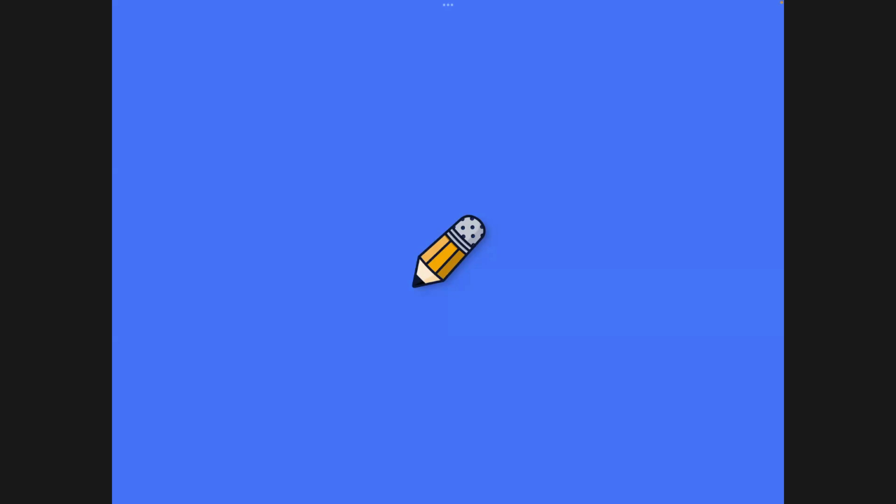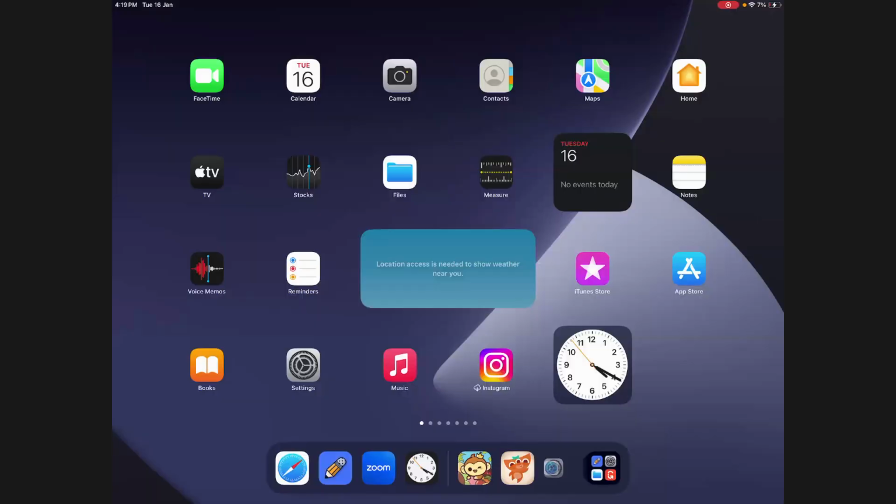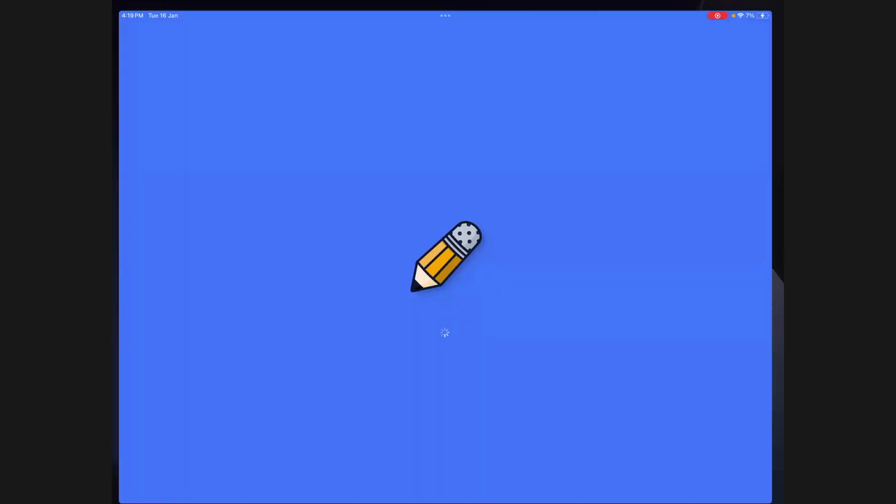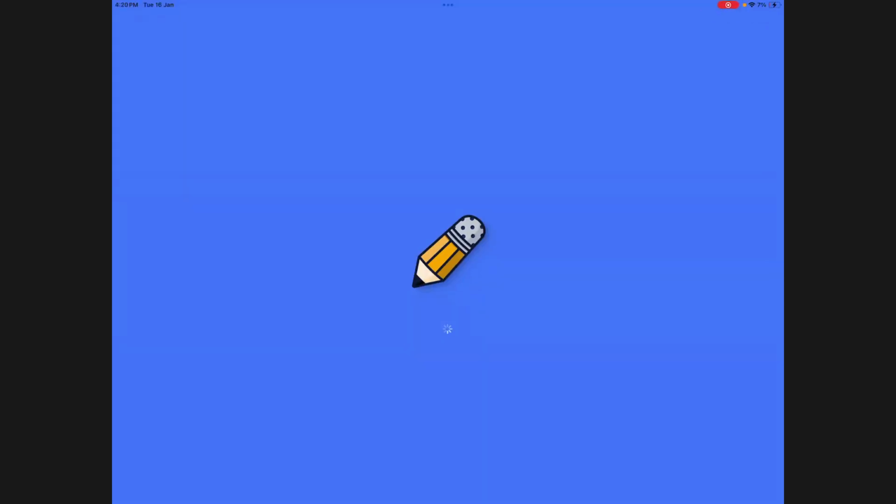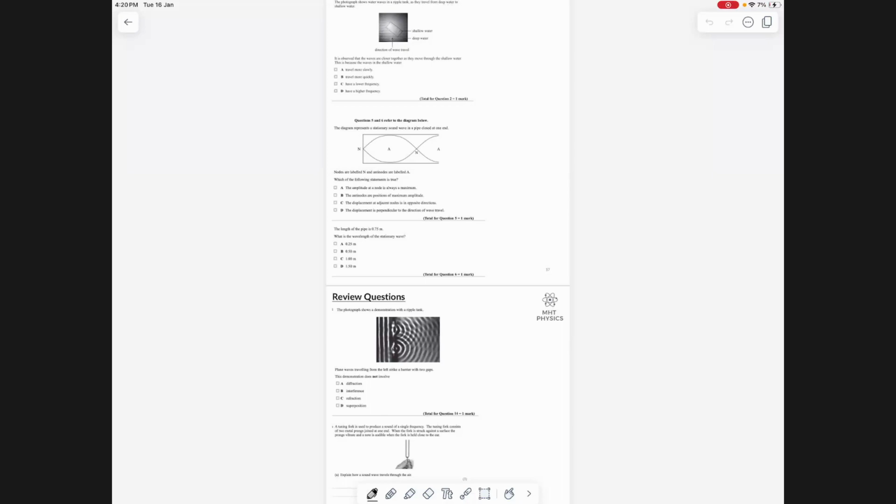Also, regarding your mocks, this was your first set of mocks, so it was very tough. The unfortunate thing about the mock is that no one does better or worse than in the exam, and that has happened for the last 3-4 years. So it's a good gauge of what you can expect.